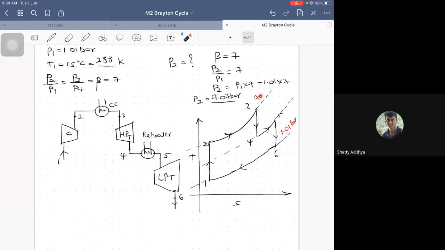It's 7.07 bar pressure at which all this heat addition process happens. Now, similarly, I have to find at what pressure this particular process, which is 4 to 5, is happening.